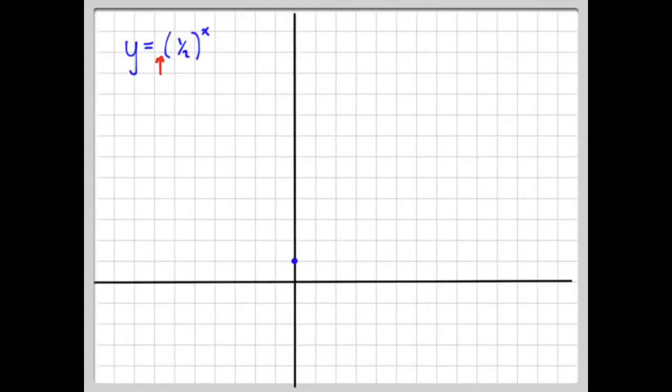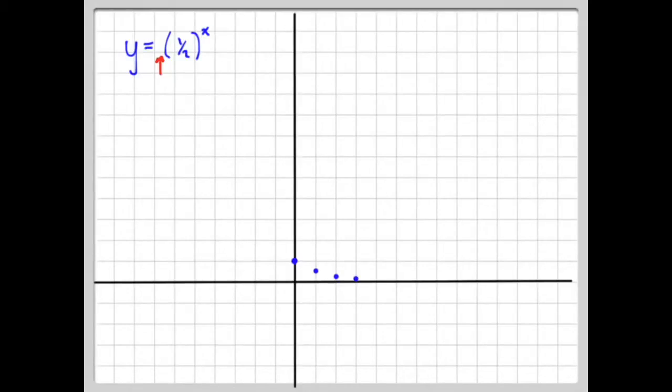Okay, so still when x is 0, y is 1. That part hasn't changed. What's changed is as we go to the right, we're multiplying by 1/2. So we go from 1 to 1/2 to 1/4 to 1/8 and so on. As we go to the left, we divide by 1/2, which is the same as multiplying by 2.